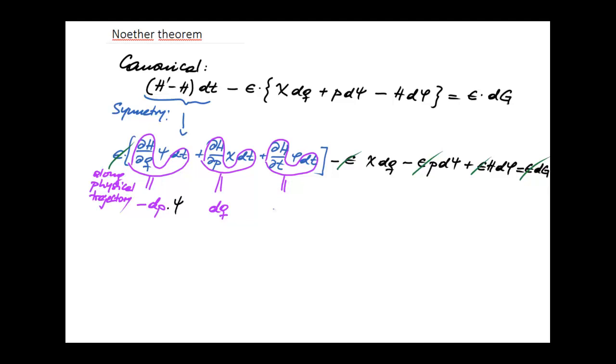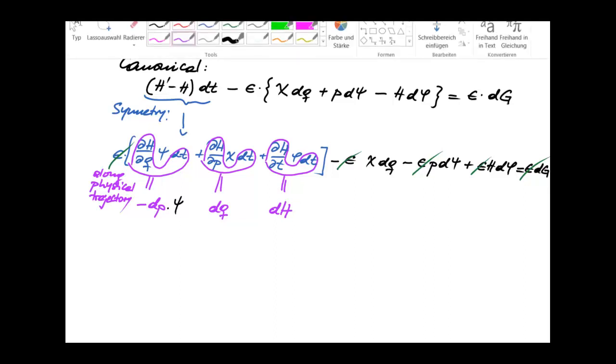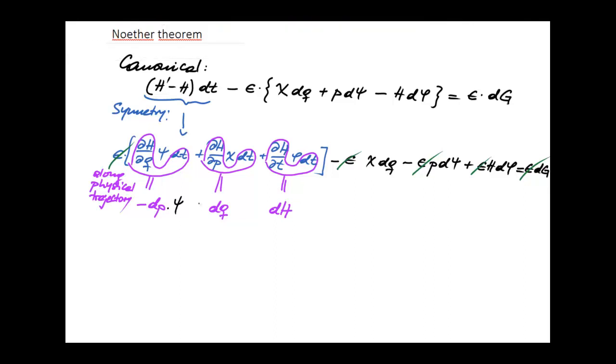So this gives dh. So this is dq times chi plus this times phi. Then we have minus chi dq minus p d psi plus h d phi equals dg.